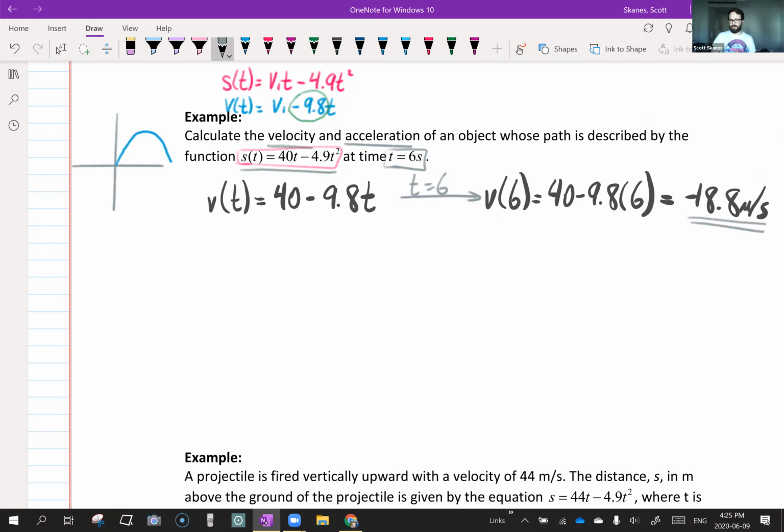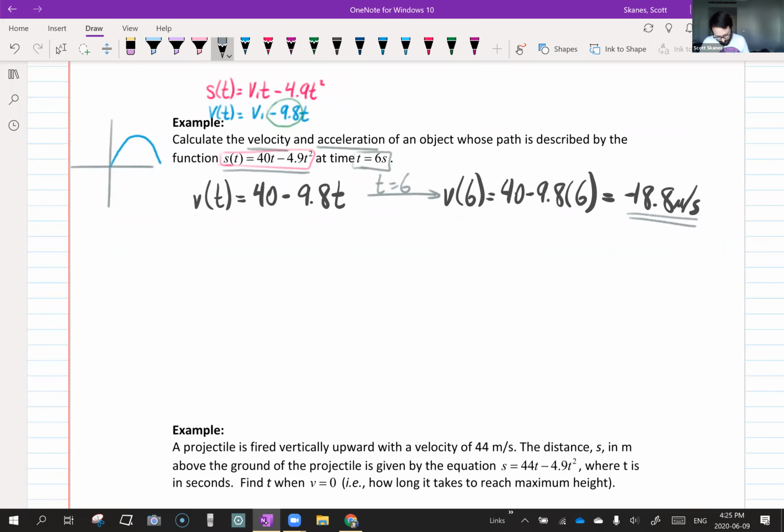Mohammed, how did you get 104? Did you square it, maybe? Okay. So that's our velocity. That's the velocity part done. What's our acceleration? The acceleration is the derivative, negative 9.8.